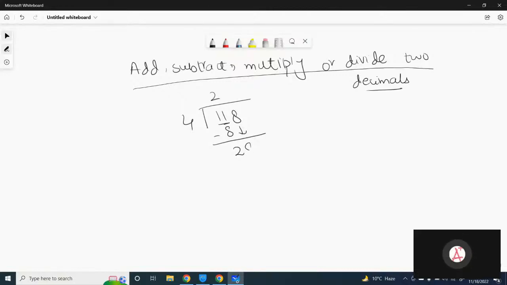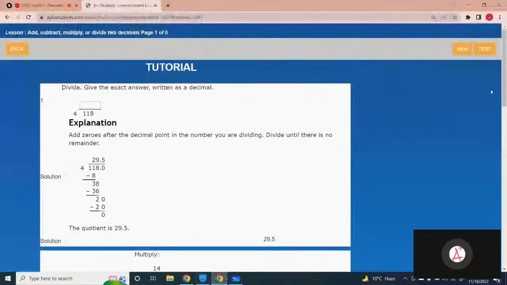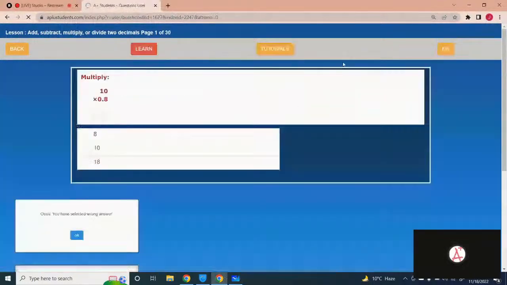Bring the next digit down, it would be 8. 4 times what number makes 28? 4 times 7 makes 28. Got it? So 28 subtract 28 is 0. Got it? Is there any problem with division? Okay, let's start with the test questions.